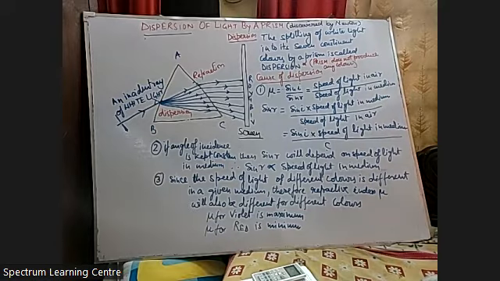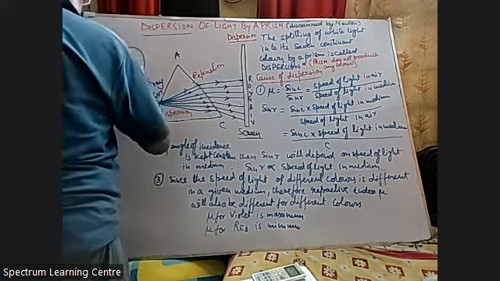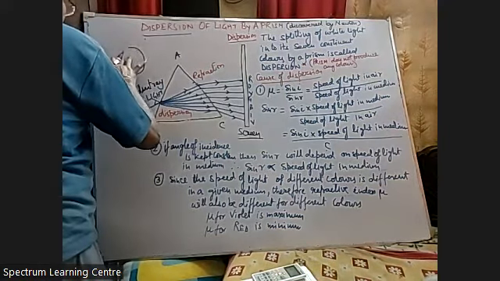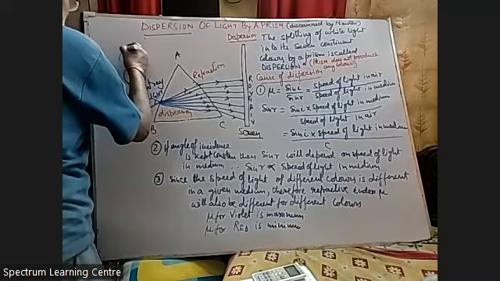Now you can say the water droplet will be spherical. Am I right? A drop is like a sphere, no? So if you take a part of a sphere, suppose this is a droplet. If I take a very small part of this, don't you think it is a straight line?